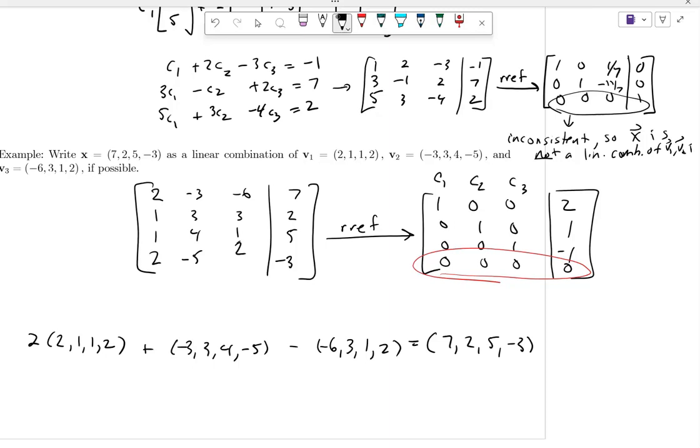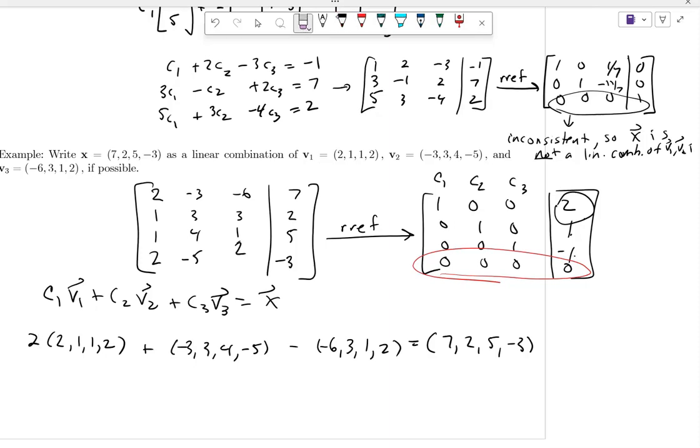Negative 1, yeah. Right, because we're trying to find C1 V1 plus C2 V2 plus C3 V3 equals X. This is C1, C2, C3.